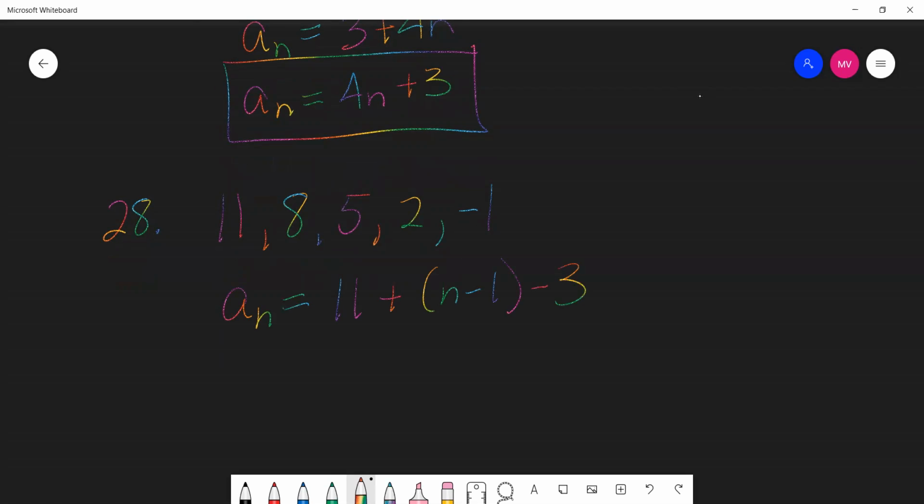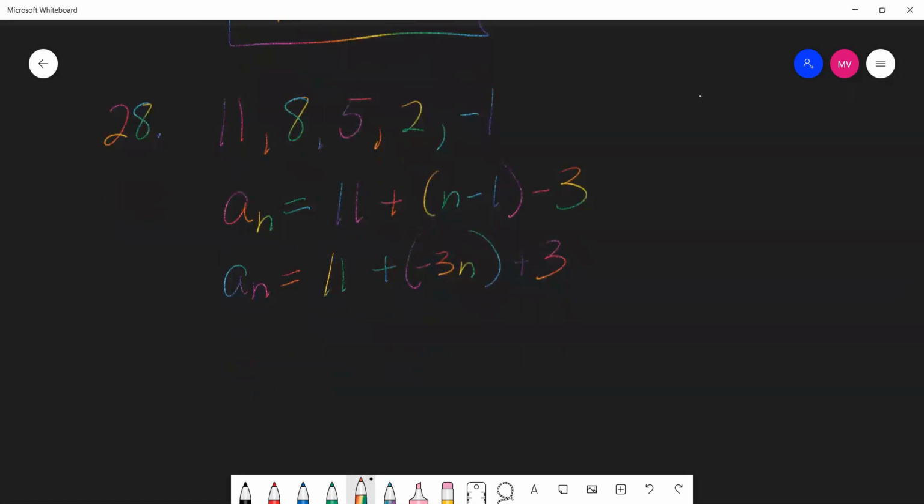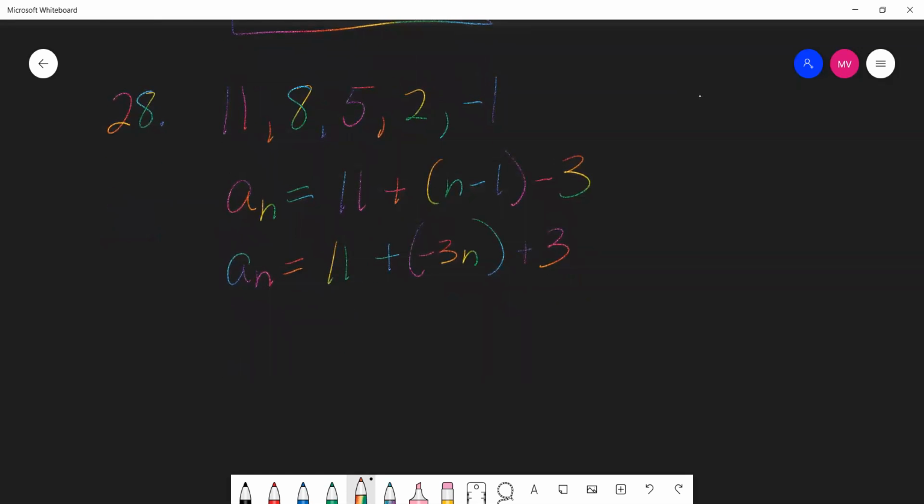All right, so AN, let's simplify 11 plus negative 3 times N, negative 3N. Oh, because it's negative. Okay, and then negative 3 times negative 1, positive 3. All right, so now let's just combine our like terms. So 11 plus 3 is 14 minus 3N.